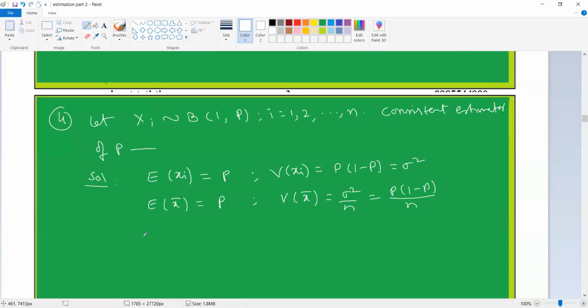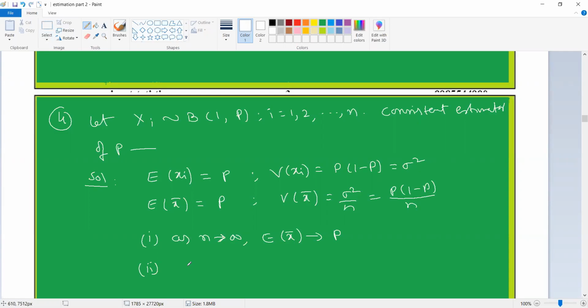By applying the sufficient condition for consistency. First one, as n tends to infinity, expectation of x bar tends to p.